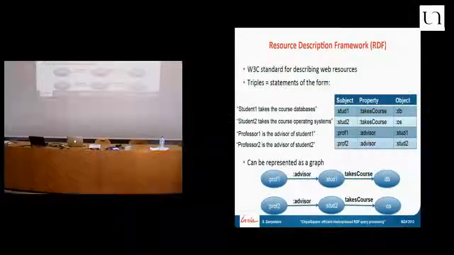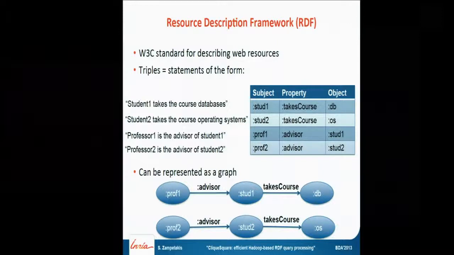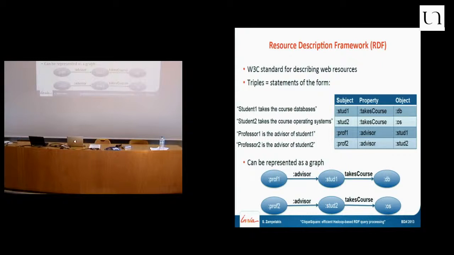So let's see some basic things about RDF. RDF is a W3C standard for describing web resources. RDF is comprised of triples, which are statements of the form subject, property, and object.